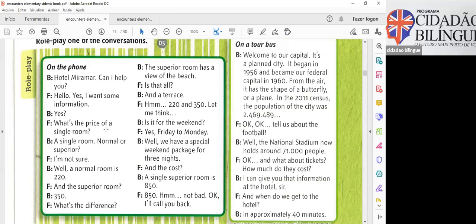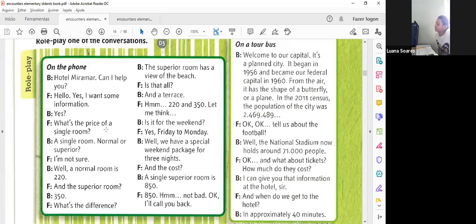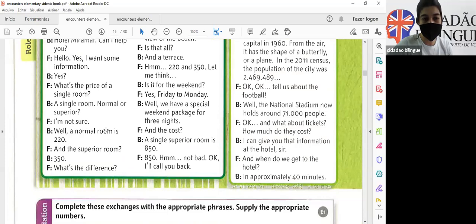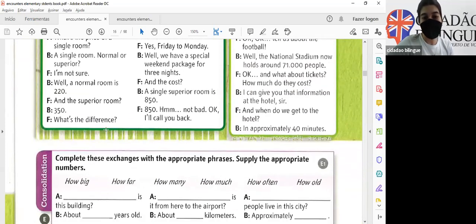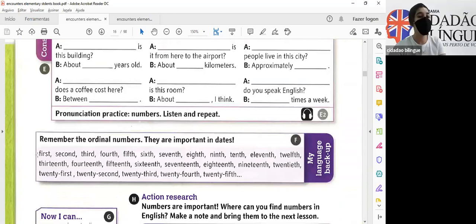Okay. Any questions? No? All right, let's continue then. All right, you guys. So, as I told you guys before, we're supposed to repeat and practice the ordinal numbers, right?